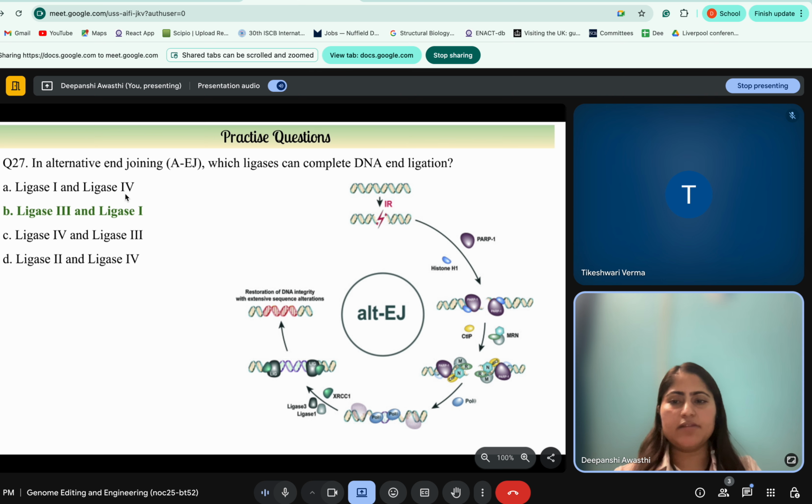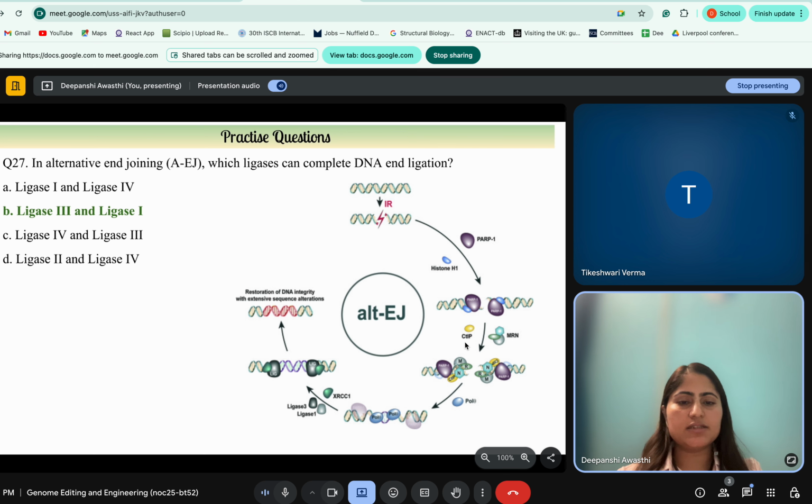In NHEJ, we talked about ligase 4 with XRCC4 and other proteins. So keep in mind that in non-homologous end joining we have ligase 4, which is not used in alternative end joining. One major difference between the two is the ligases. In alternative end joining, we have ligase 1 and 3. Whenever there is a double strand break, in place of Ku70/80, which were used in non-homologous end joining, here we have PARP1 and histone H1, which stabilize the single stranded DNA that is generated.